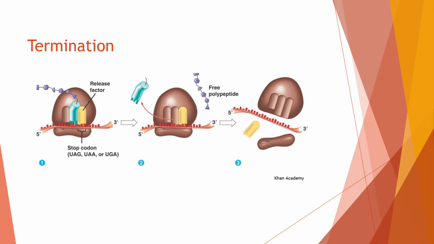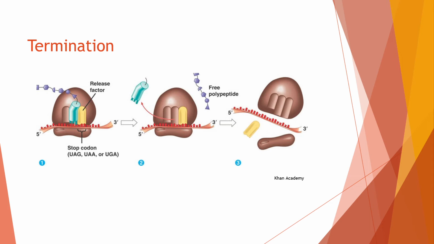tRNA would be better. So if there is any relevant tRNA with the special anticodon, it will bind faster. But if there is no relevant tRNA and the A site remains empty for some time, because what is in the A site is the stop codon which has no tRNA, then being empty for some time, the A site allows for binding of release factor, and it means the end of translation, termination of translation.